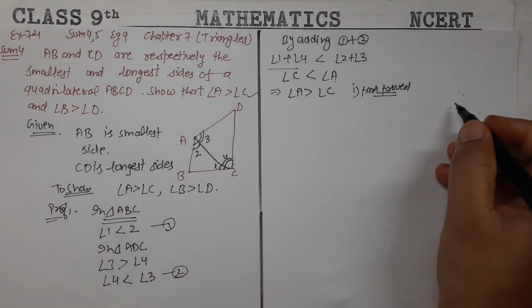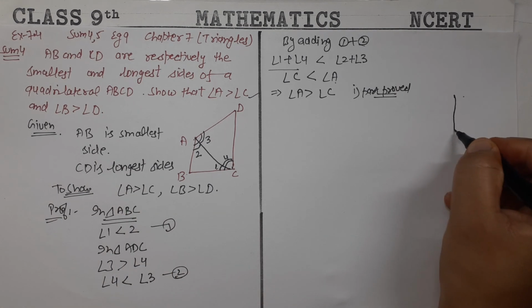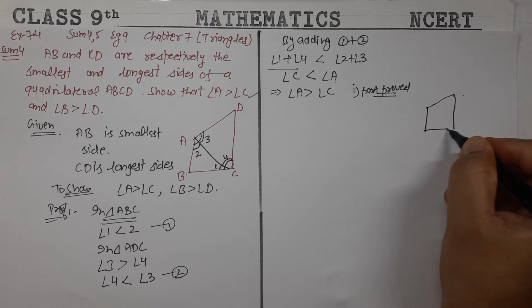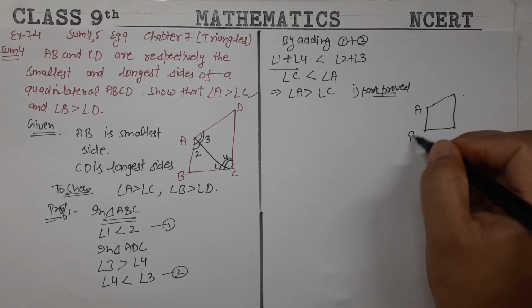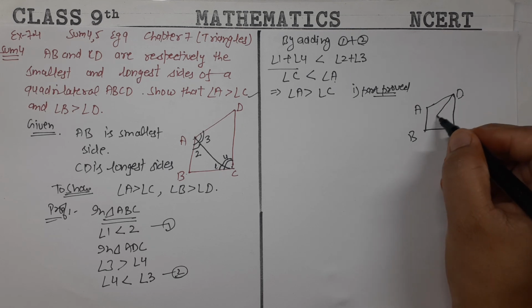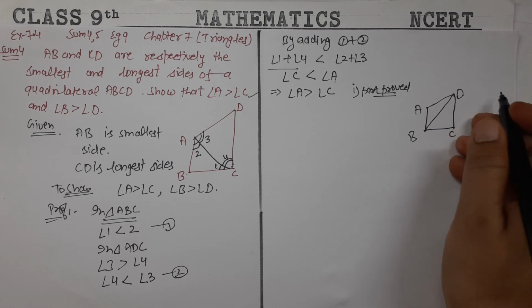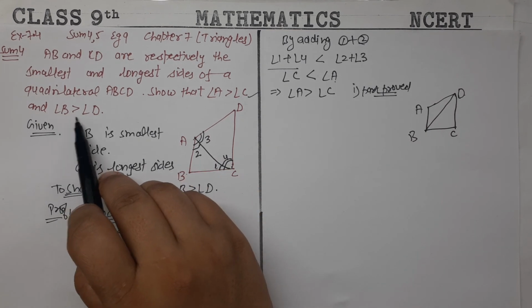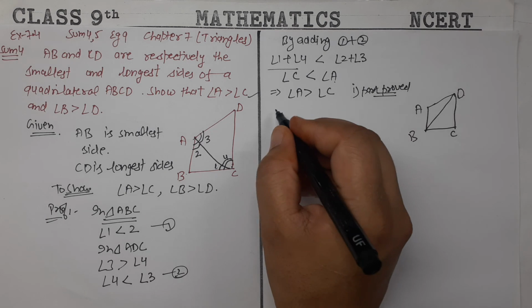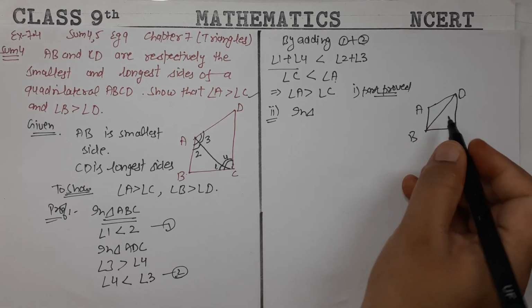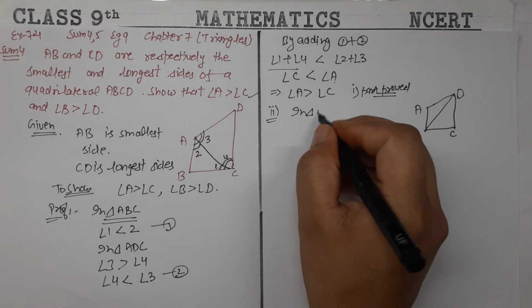Let me draw the figure again. A, B, C, D. Now join B to D. We have to show angle B is greater than angle D. So, first we will take triangle ABD.